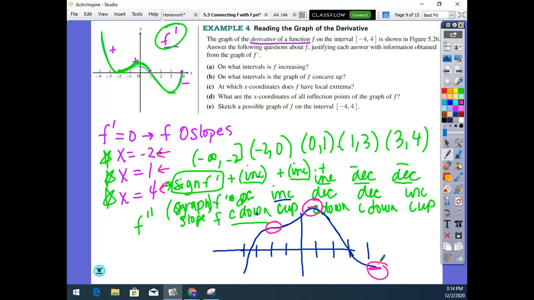Did you have your function increasing until after 1, that's where it starts to decrease. So you might not have a perfect graph, but you can get a general shape. All right, that's something I know everybody's going to have to work on.